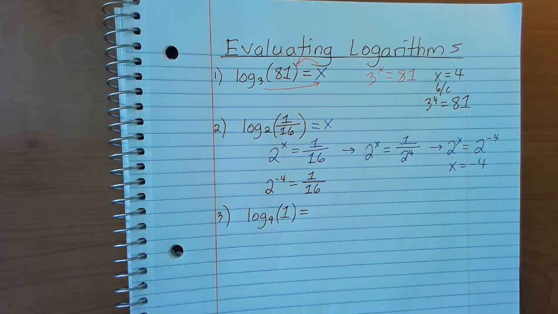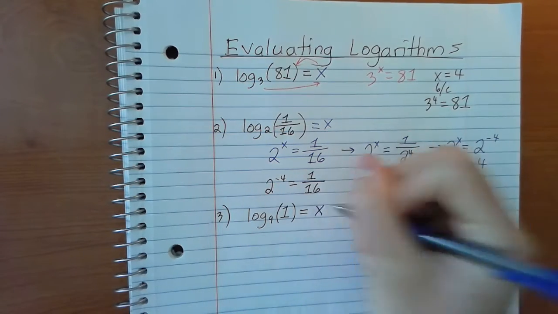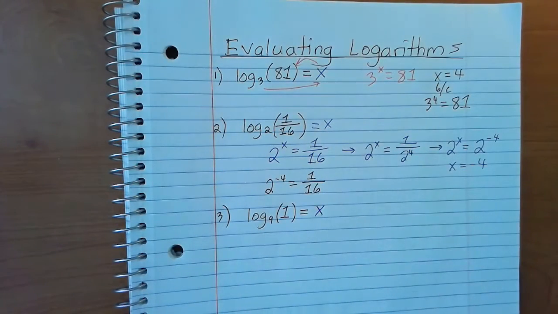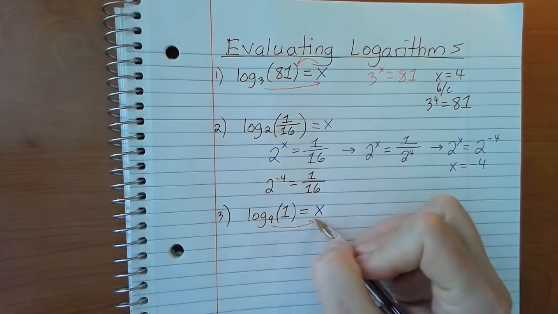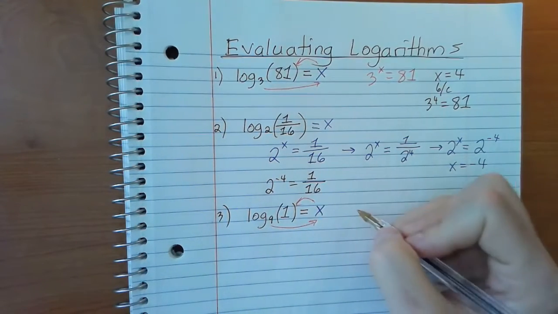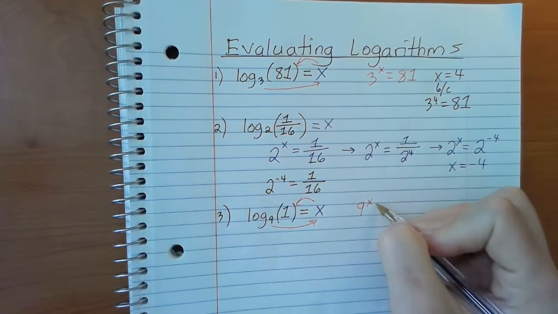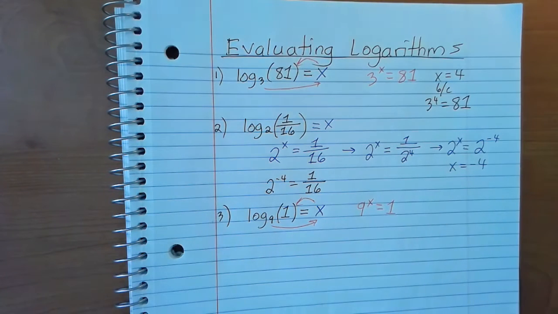The third problem is log base 9 of 1. We want to figure out what that is equal to. So we can draw our arrows again and do 9 to the power of x equals 1. That hopefully is obvious.